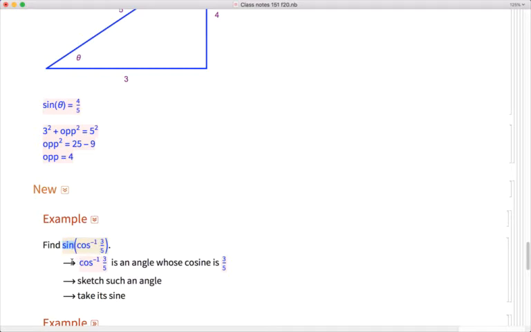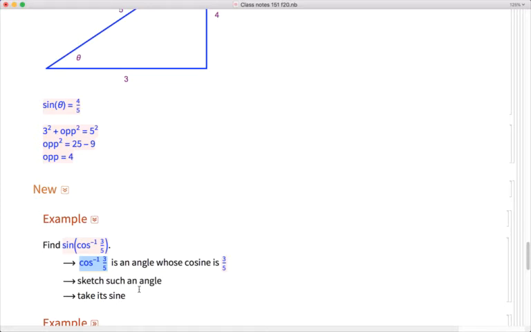Okay, so what's going to be really helpful here is if you remember this general theme, the inverse cosine of 3/5 is an angle whose cosine is 3/5. So what you'd like to do is sketch such an angle and then take its sine.